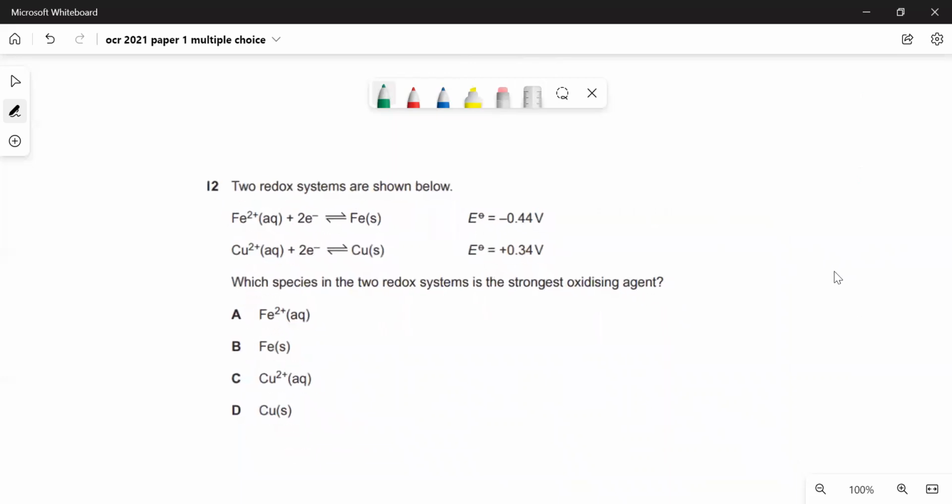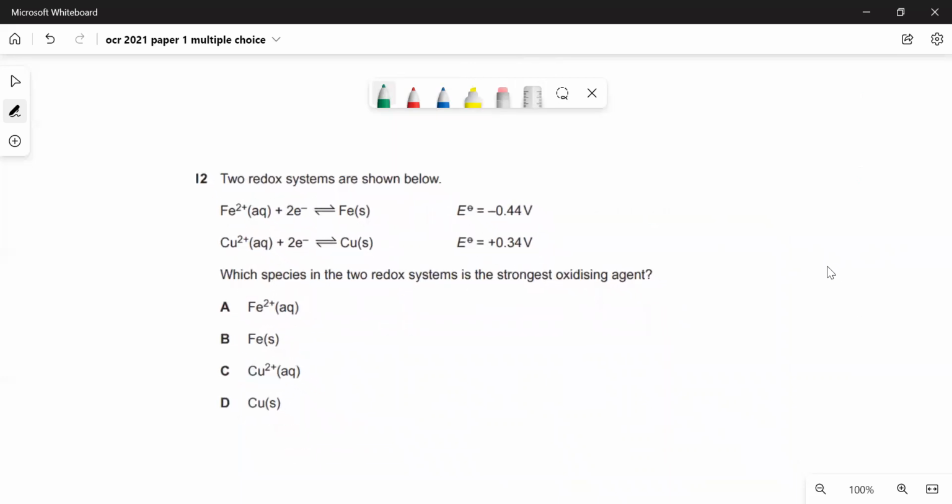Right, two redox systems shown there. Which species in the two is the strongest oxidizing agent? Let's think about what side we have the oxidizing agents. Oxidizing agents accept electrons. They take electrons off things and become reduced themselves. So is it the left or the right that's accepting electrons?